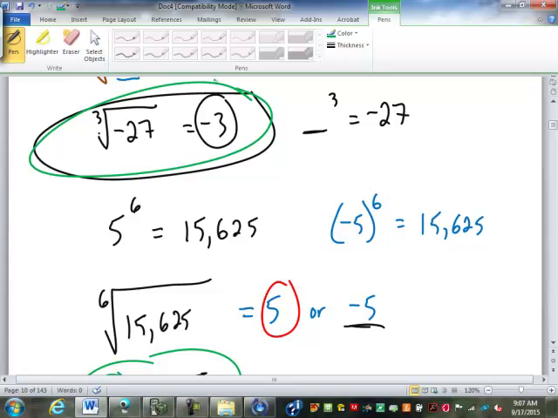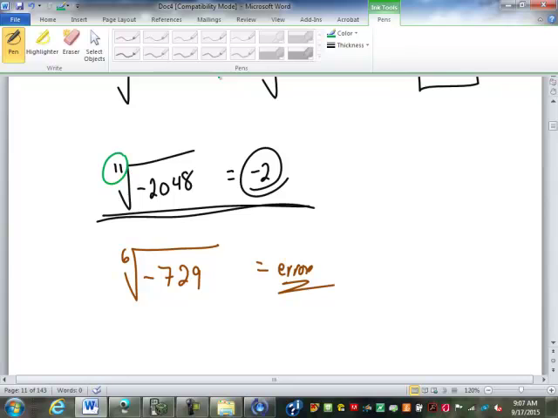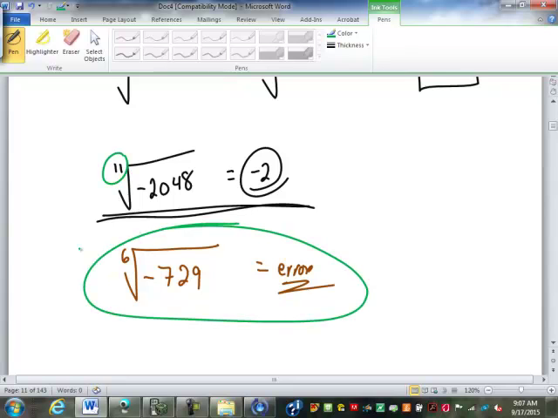We can take the odd roots of negatives because when we do odd powers of negatives, we get a negative answer. The even roots of negatives, like the square root and the 6th root, don't work because anytime we take something to an even power, the answer is always positive. So there's no way to reverse a negative if you can't get a negative result.